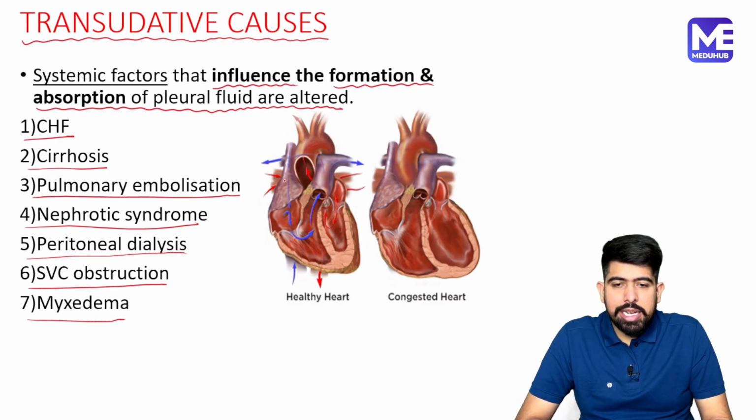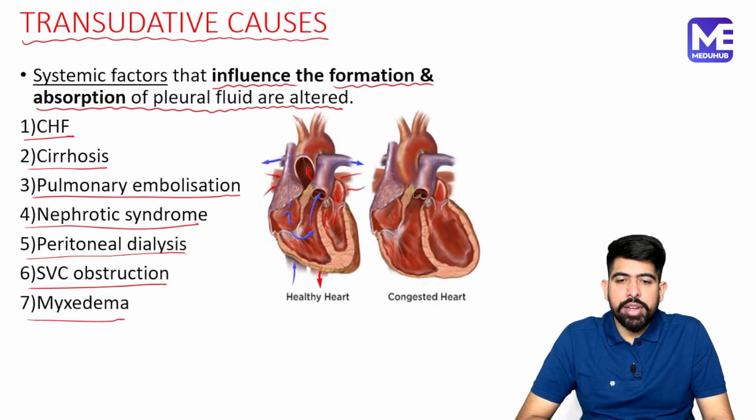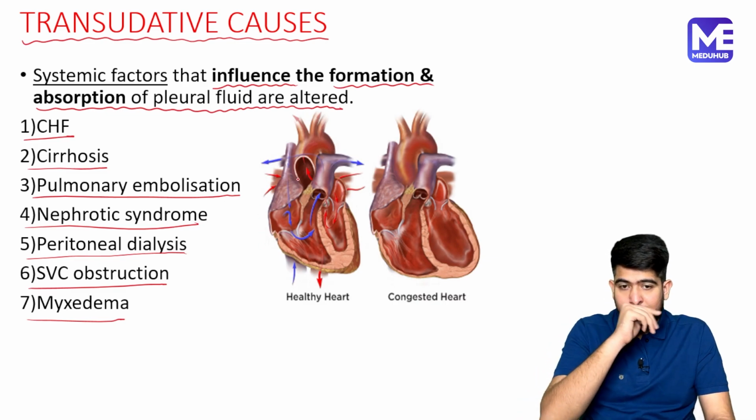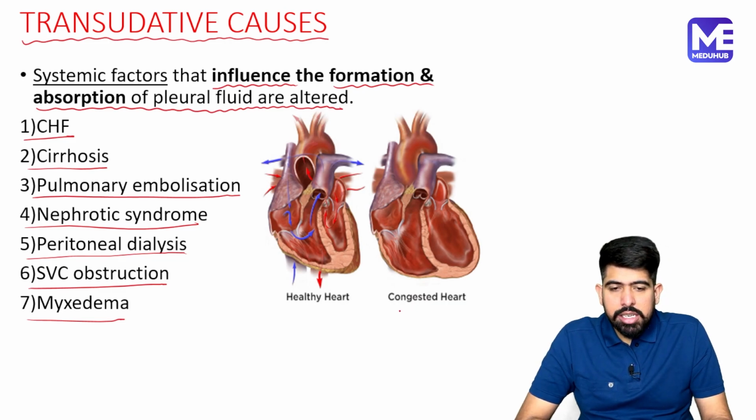You can see this is the healthy heart, the superior vena cava and inferior vena cava dropping all the blood, coming into our right atrium, and from the right atrium it goes to the right ventricle. From this right ventricle, it goes by the pulmonary arteries to the lungs, and it is coming back to the left atrium and the left ventricle, and through the aorta it is going out. This is normal working, but you see here this is the congested heart.